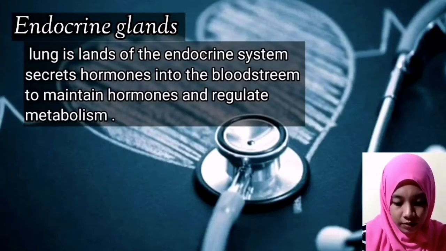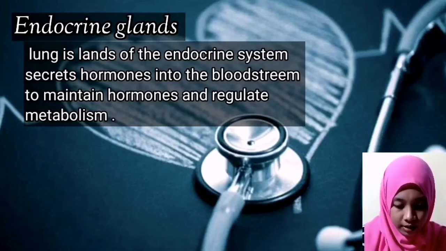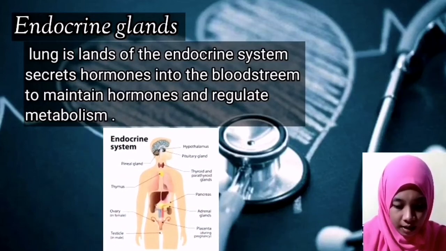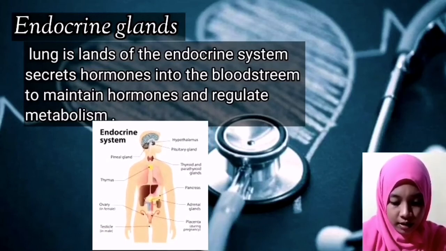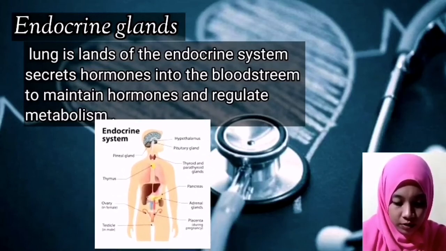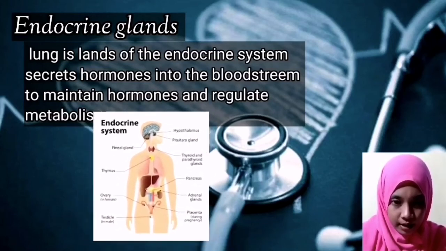The glands of the endocrine system secrete hormones into the bloodstream to maintain homeostasis and regulate metabolism. The hypothalamus and pituitary gland are the command and control center in directing hormones to other glands and throughout the body.